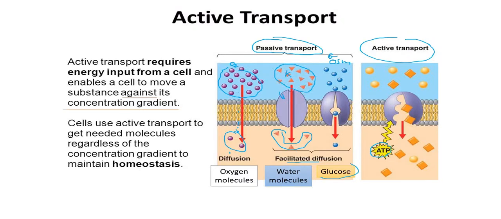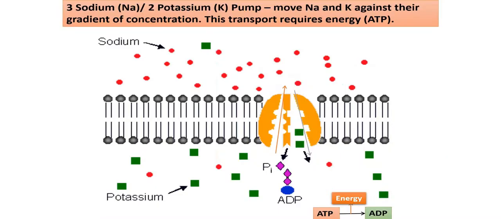So this is a glucose movement example, but again from an area of high concentration to an area of low concentration. And cells use active transport to get molecules that they need even against the concentration gradient. If the cells need it, they will move it. And it's all to maintain homeostasis and normal functioning of the body's cells.